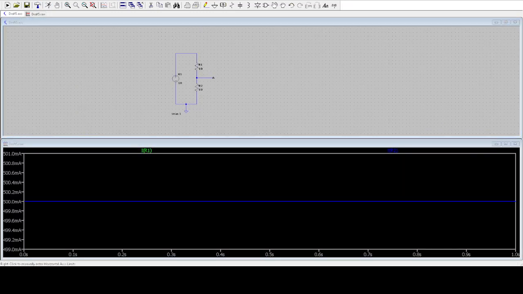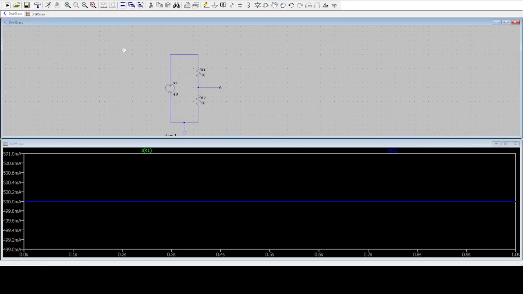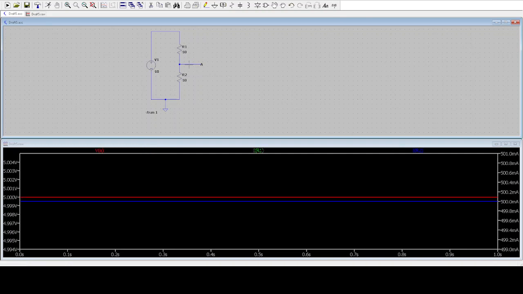What do we have? Okay, we want to know. Let's check how much volts we have here. We have 5 volts. So why is it 5 volts?